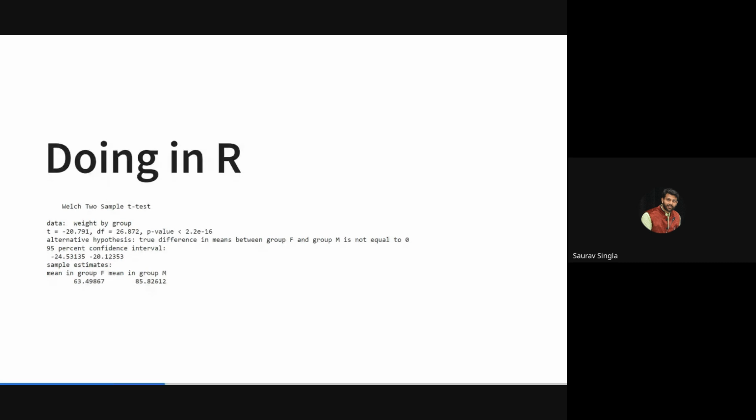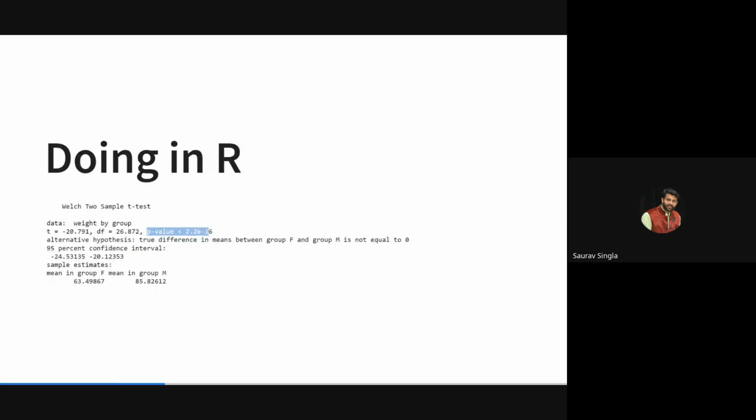So here your hypothesis got rejected because your p-value was less than 0.05. When your p-value was less than 0.05, your test is significant.